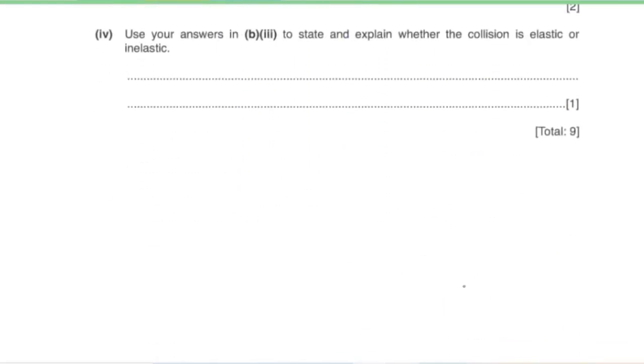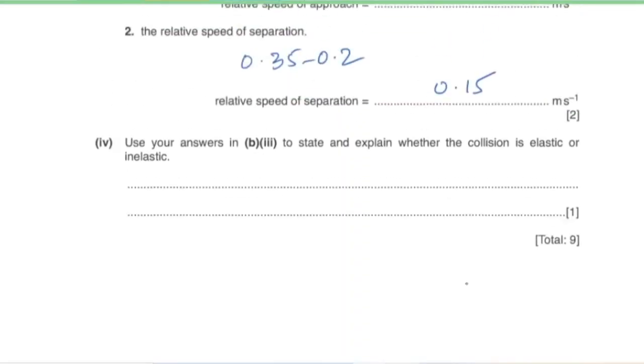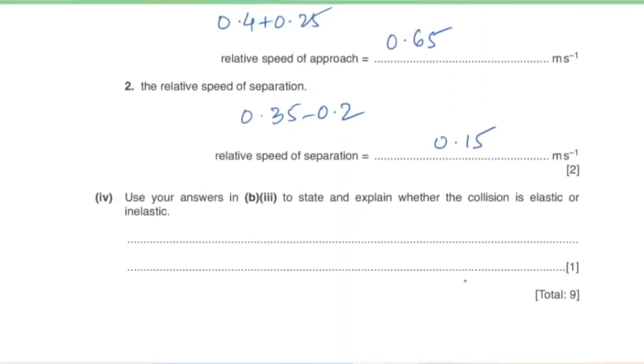Part 4, use your answers in part 3 to state and explain whether the collision is elastic or inelastic. So for a collision to be elastic, its relative speed of separation is supposed to be equal to its relative speed of approach. Since in this part of the question they're not equal to each other, this means that the collision is inelastic.